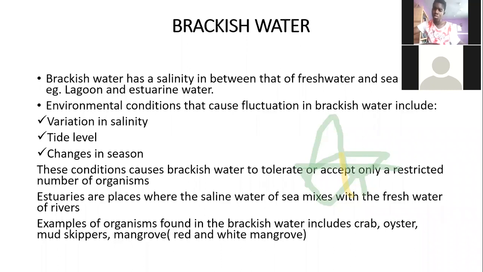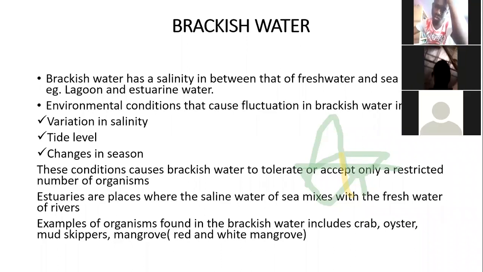Now this brackish water is just when these two waters intertwine, they mix up. So the point where the freshwater and the marine water are mixed together is what we call the brackish water.